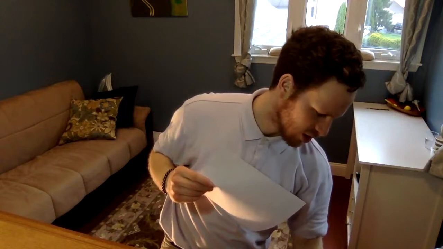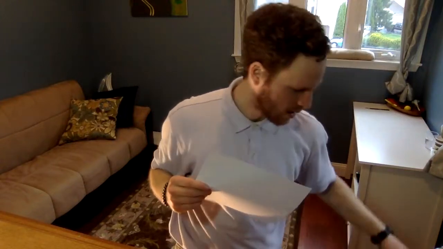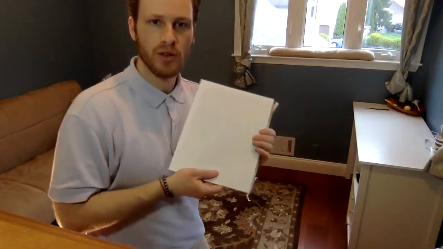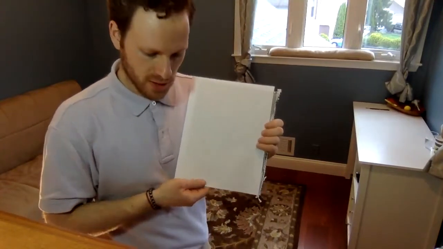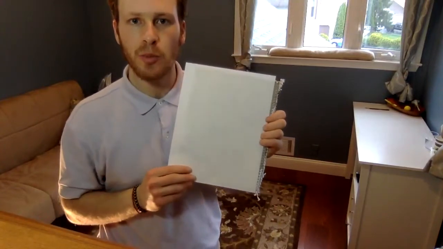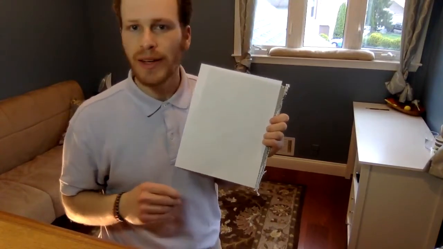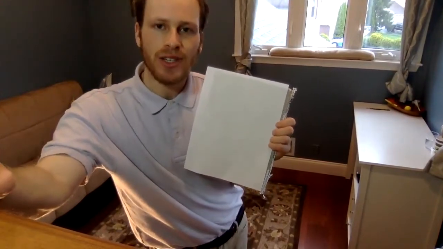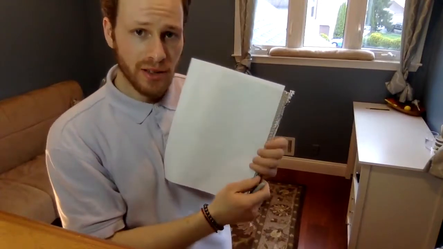And I'm just gonna use the back of my notebook here as a table. Okay, so we're gonna draw some insects. Drawing is a really great way just to express ourselves, have some fun. We're gonna just draw some insects using our hand. So the first thing we're gonna do is make a high five.